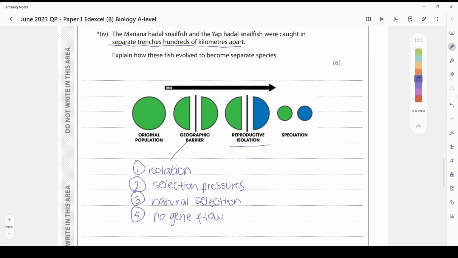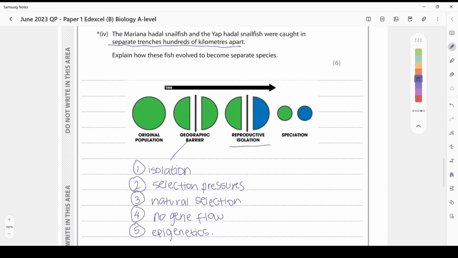Another aspect that's mentioned in the marking scheme is epigenetics. You just write that down. So if you recall, these are changes that affect the transcription and the translation of the genes. So essentially, it causes the genes to be switched on or switched off. And these epigenetic modifications can be inherited. So you can also talk about that.